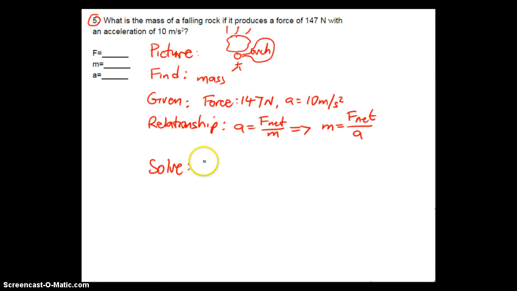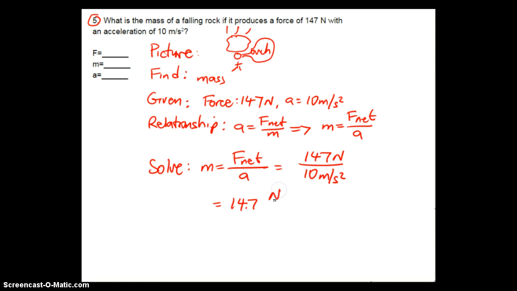Okay, let's solve this. We now know that m is equal to our net force divided by our acceleration. Let's put in numbers. Our net force is 147 newtons. Our acceleration is 10 meters per second squared. Let's find that. What that is, 14.7, and I have newtons per meter per second squared. You might say, hey, this doesn't really make sense.